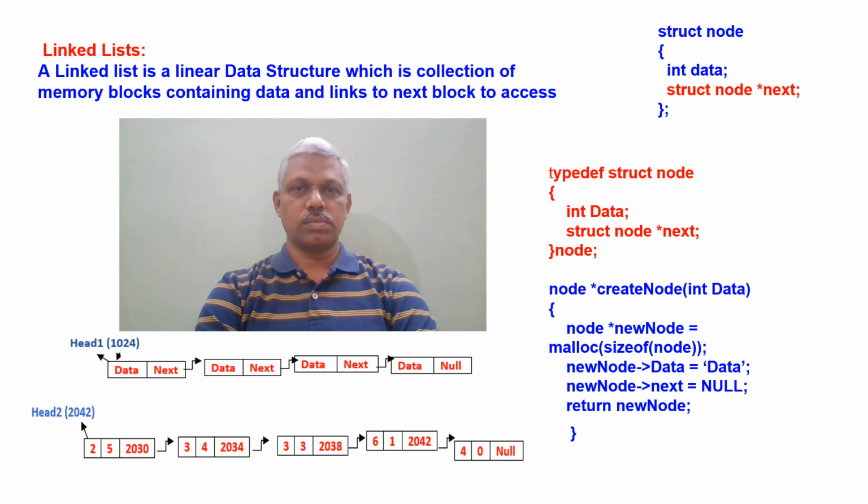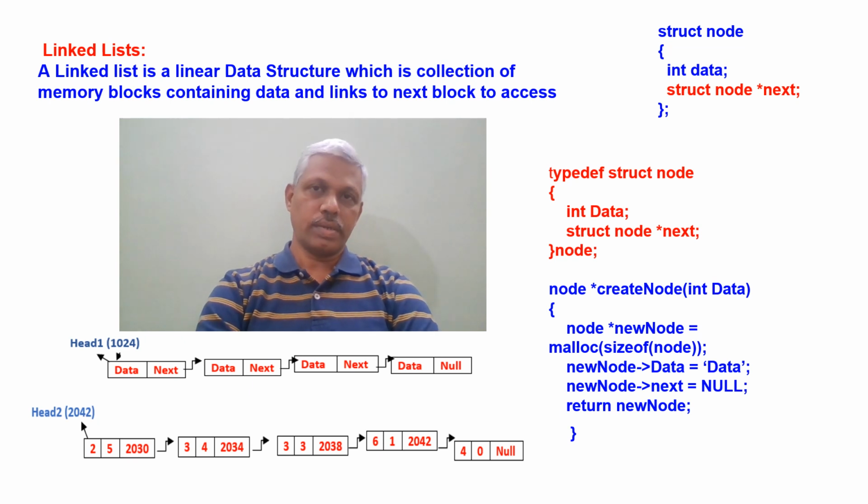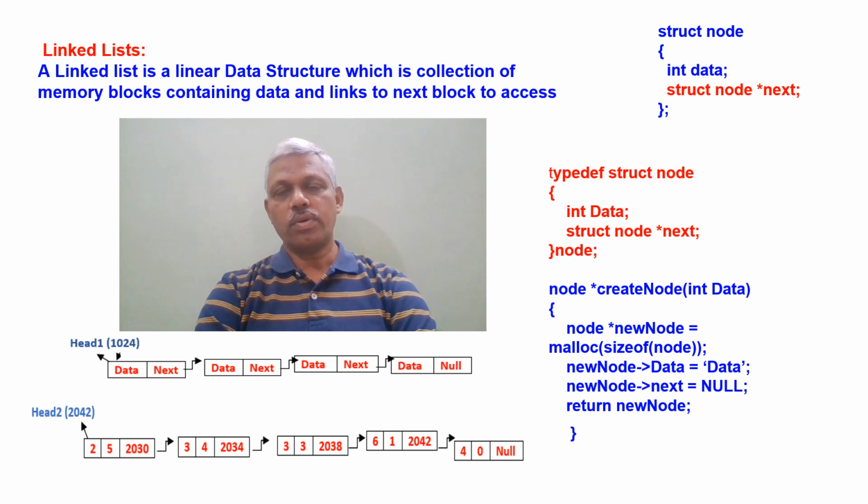Once we access the first node, we can access the value 2030, thereby establishing a link to the next node. We can reach the next node. Again, the next node has the data 34, along with the address of the next node, that is 2034. Like this, we can keep on adding node after node as per the requirement.